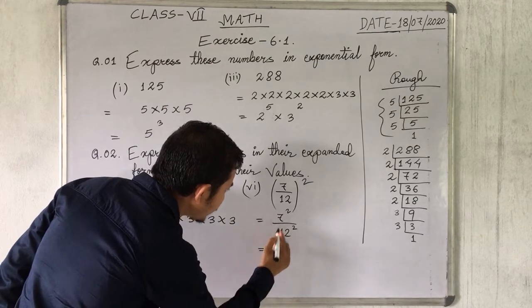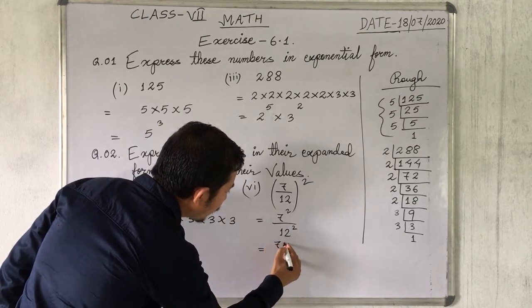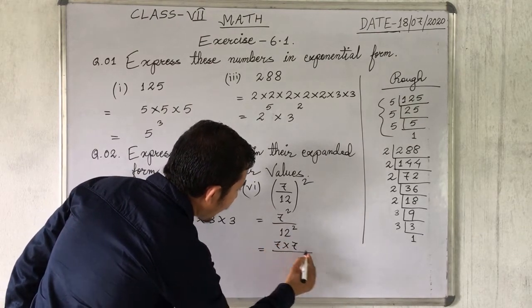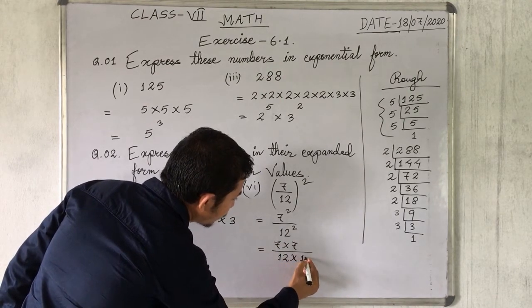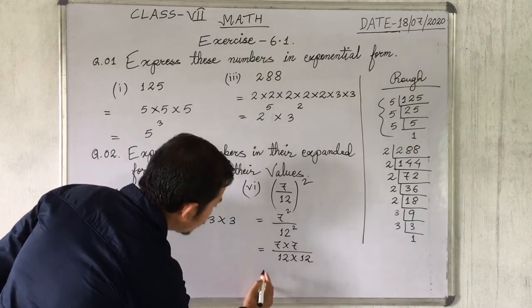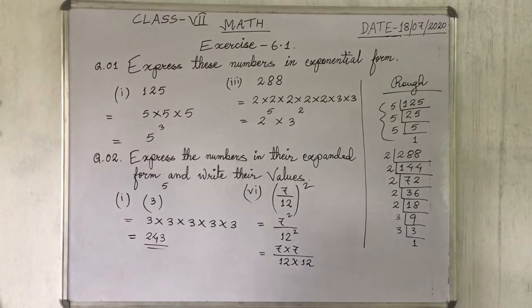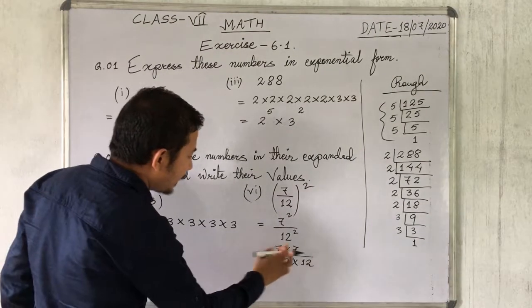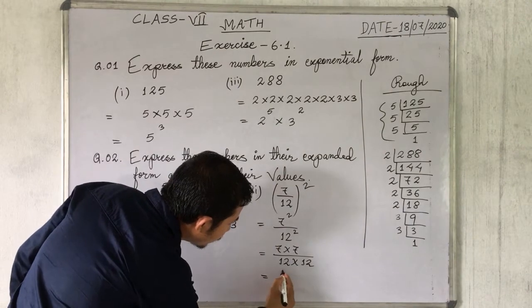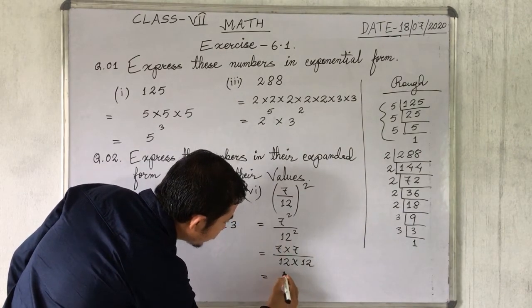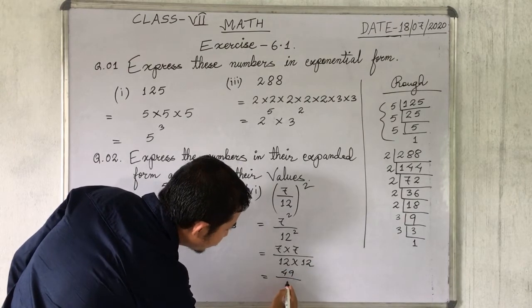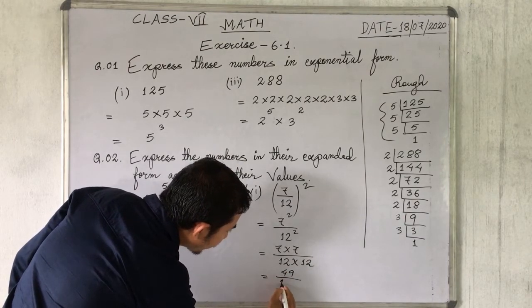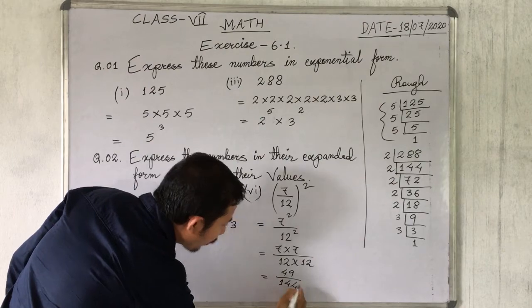Now look here, 7 square means 2 times we can multiply 7, and 12 square means 2 times multiplication of 12. So 7 into 7, 7 times 7 is 49, and 12 times 12 is 144.